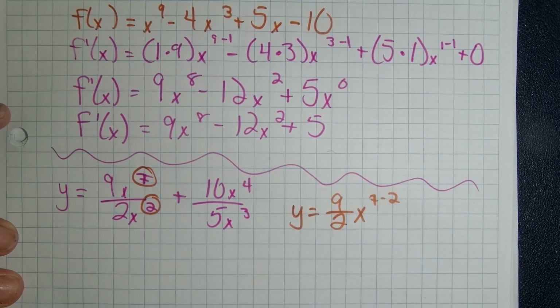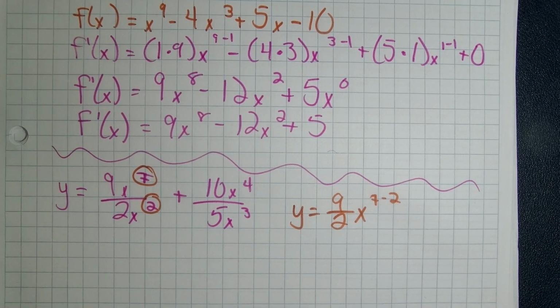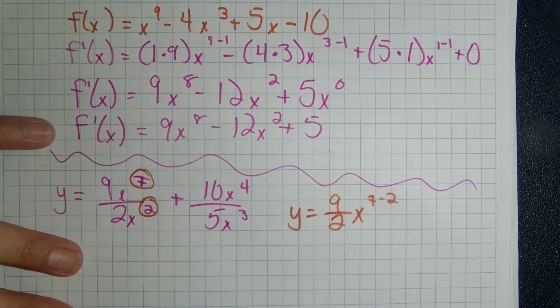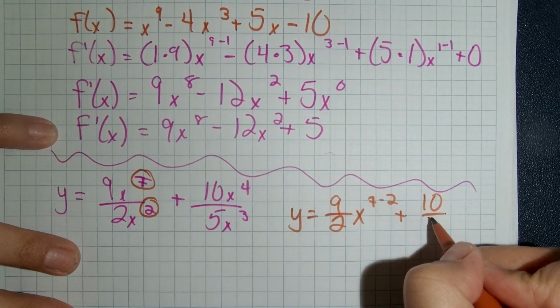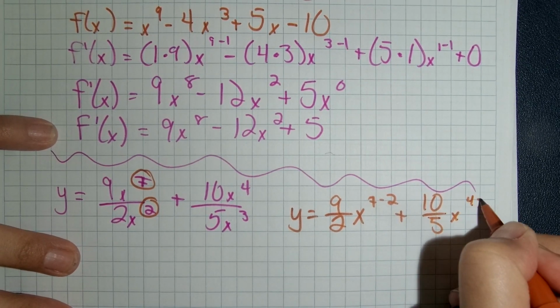For division, you subtract the exponents. So multiplication is adding the exponents and division is subtracting. I can show you later exactly why. Okay? And then I do the same here. Plus 10 over 5. X to the 4 minus 3.